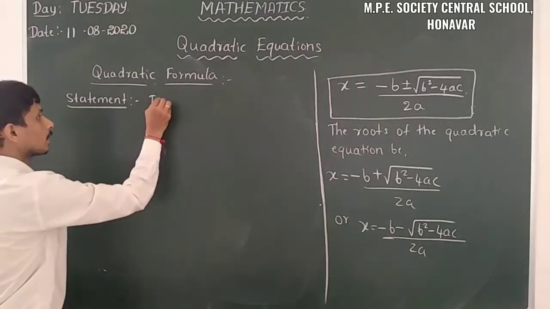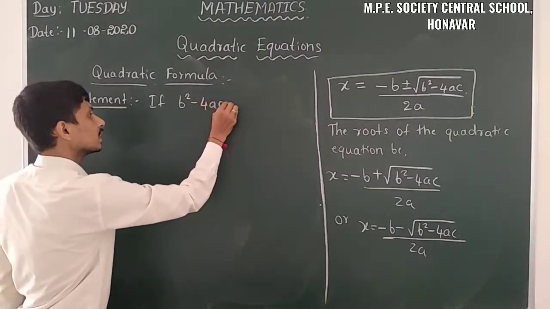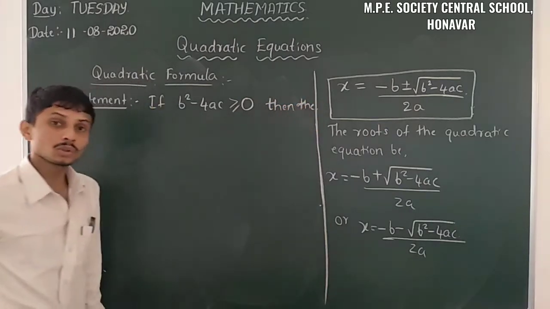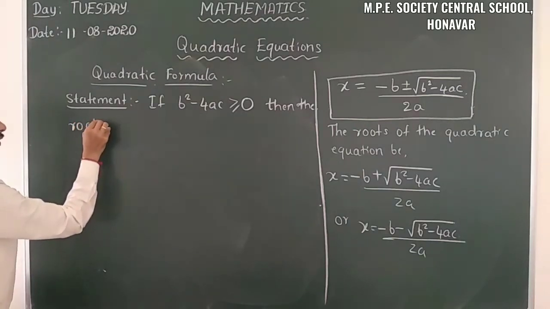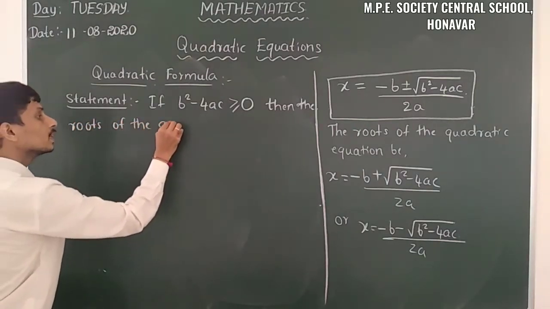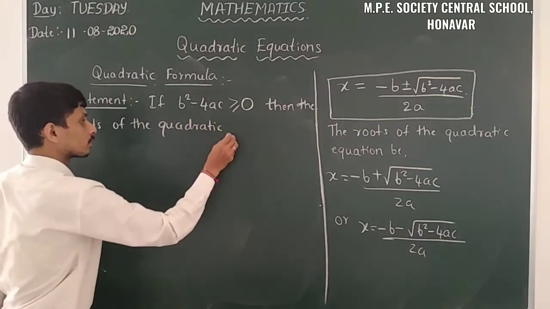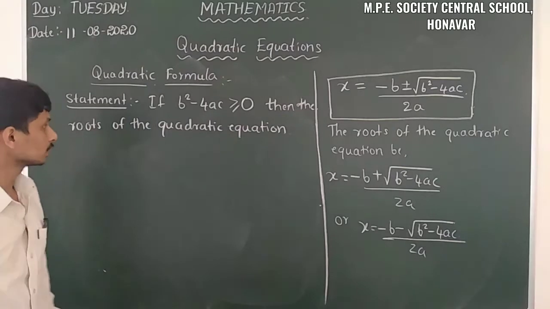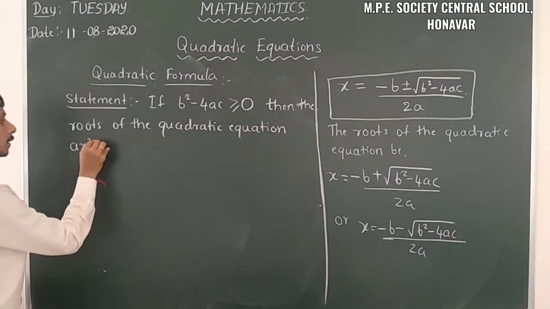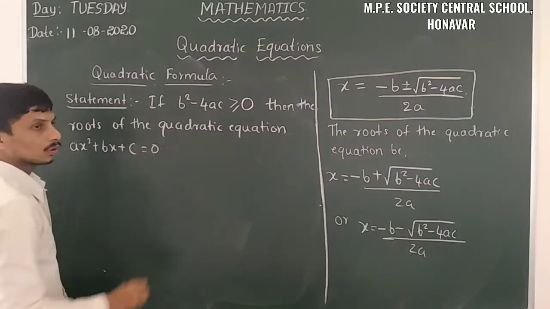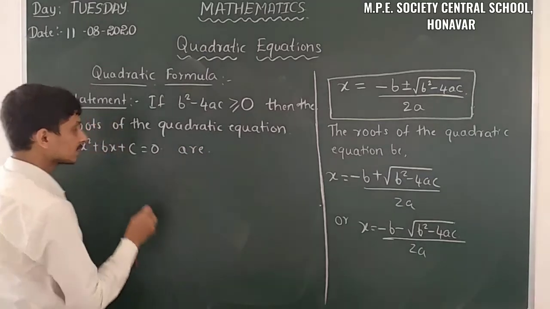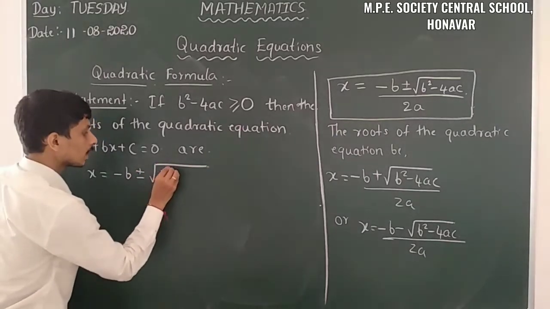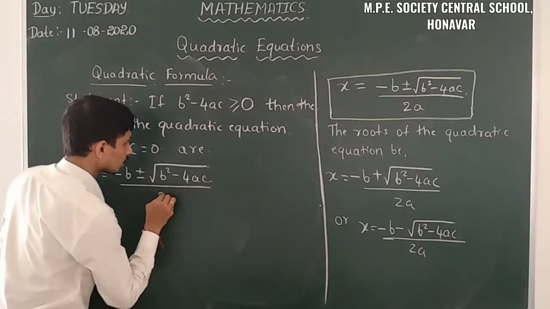If b square minus 4ac is greater than or equal to 0, then the roots of the quadratic equation ax square plus bx plus c is equal to 0 are x is equal to minus b plus or minus square root of b square minus 4ac divided by 2a.